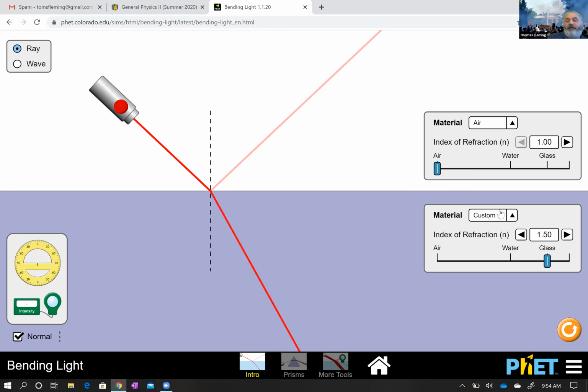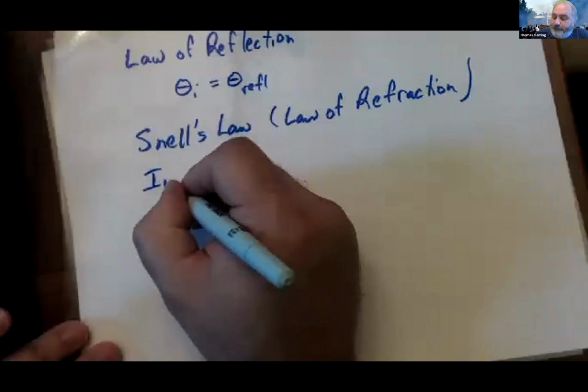we need to introduce the concept of the index of refraction.